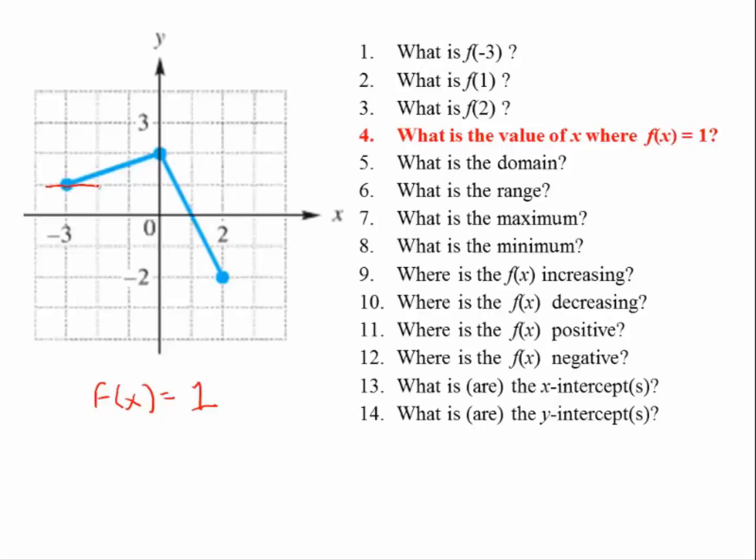We see there are 2 x's, this x and this x. So x equals negative 3 and x equals, looks like, a positive 1/2.